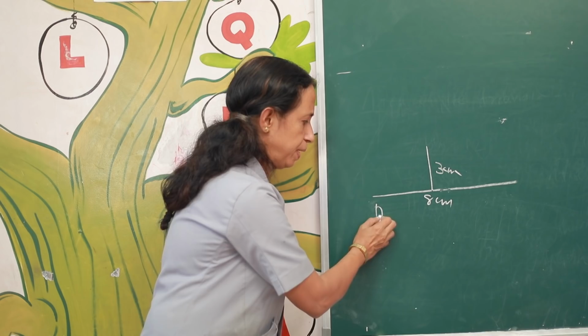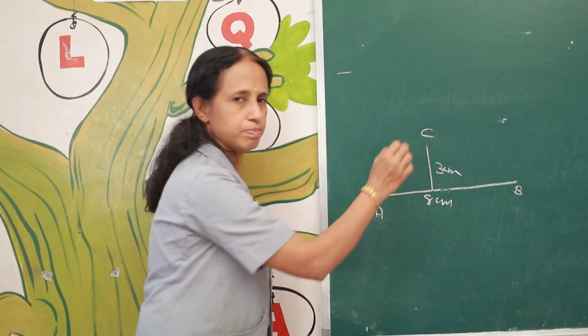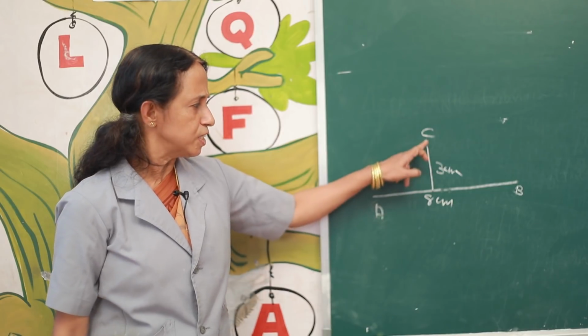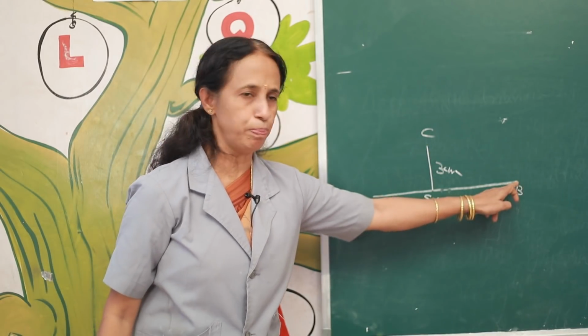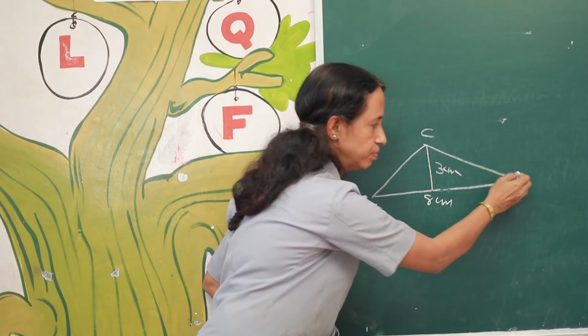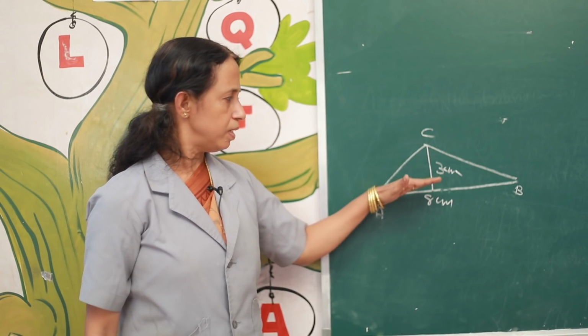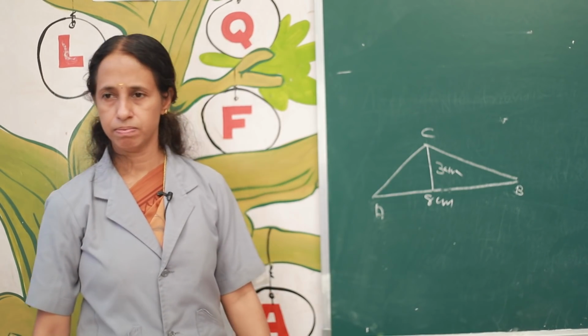This line is AB. Mark here C. Connect C to A and C to B. This is the required triangle.